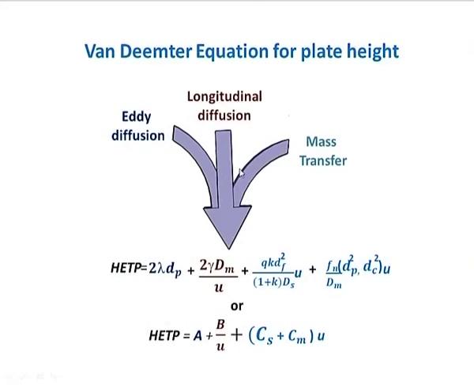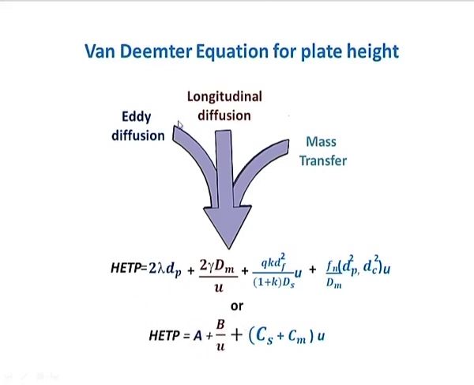Look at this slide. As I told you in the beginning, all these three factors, eddy diffusion, longitudinal diffusion and mass transfer, contribute independently to the plate height. Now, what Van Deemter did, he summated all the three factors together and brought about the overall height of a theoretical plate. To simplify it further, he replaced all these constant terms with these letters.